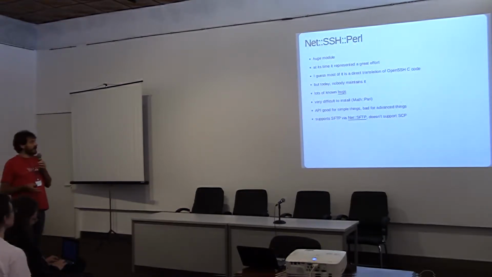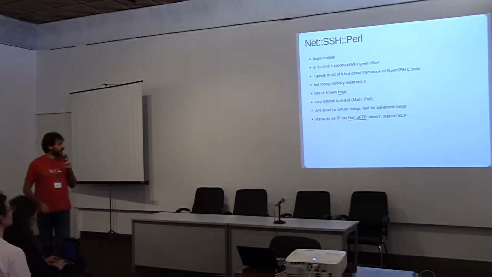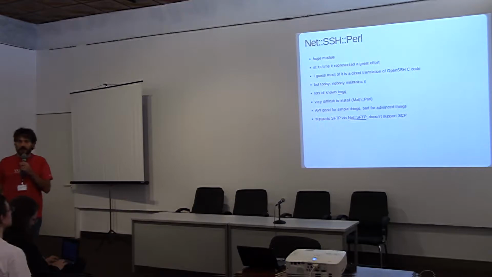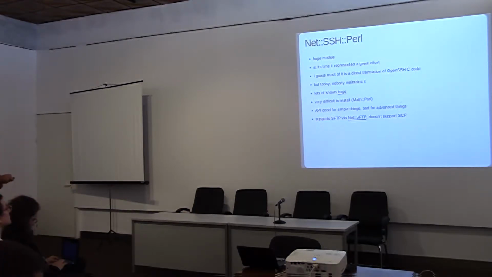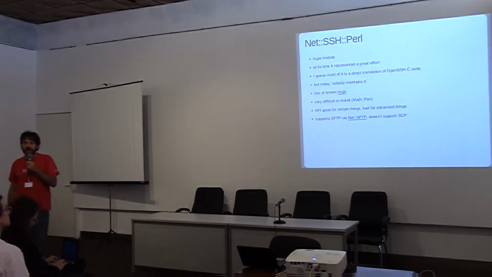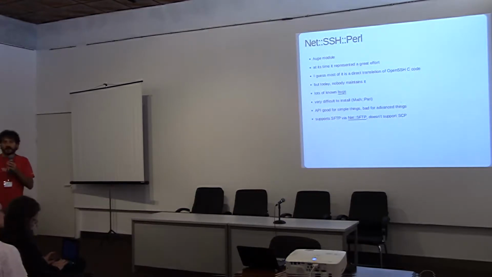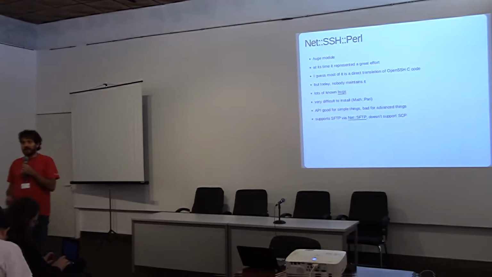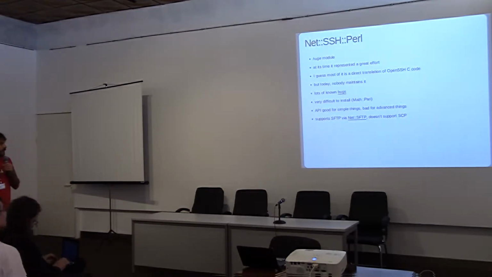It has a lot of bugs, and it's very difficult to install, especially for Windows users, because of the math pairing module. The API is also very limited. You can do simple things very fast, but if you want to do more complex things, it's very difficult to use. And it supports SFTP, but doesn't have support for SCP, and a lot of people need that.